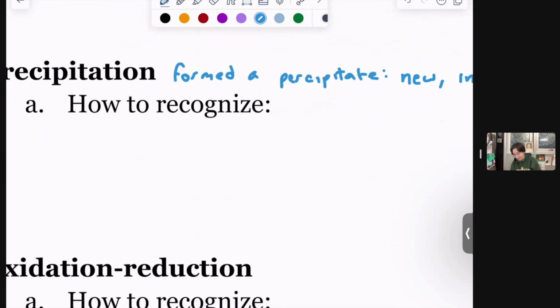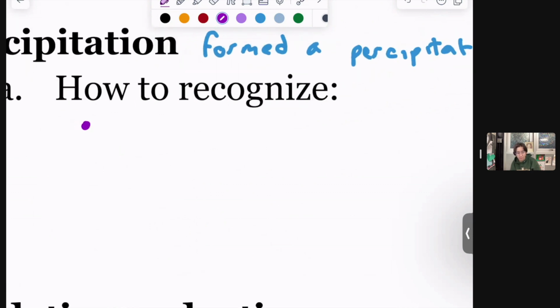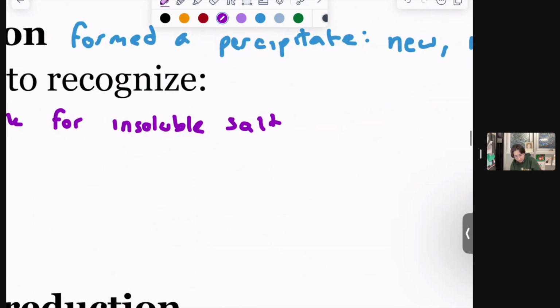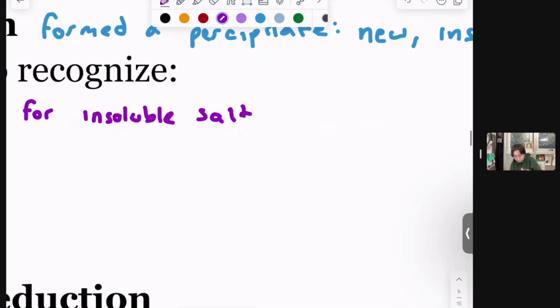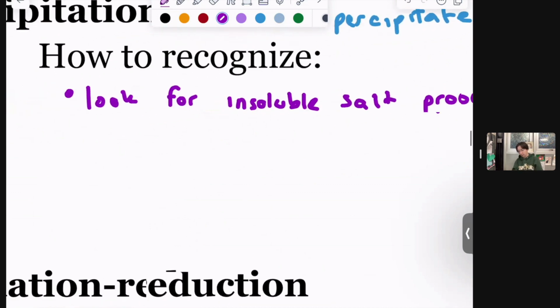So the way you recognize it is look for a new ionic solid. And whenever I say salt, that always just means ionic. So you have some kind of ionic product that is insoluble.